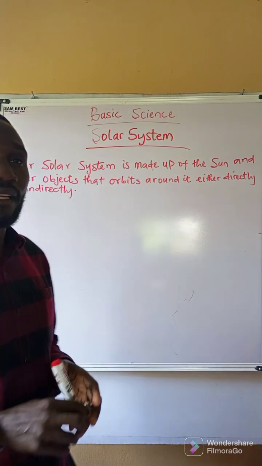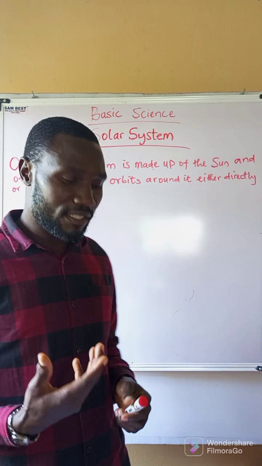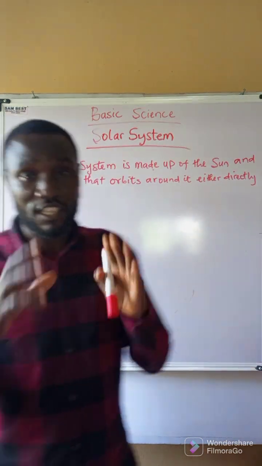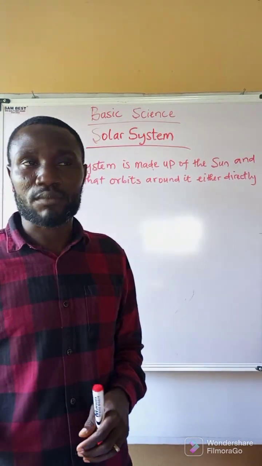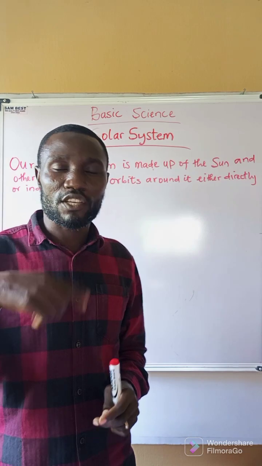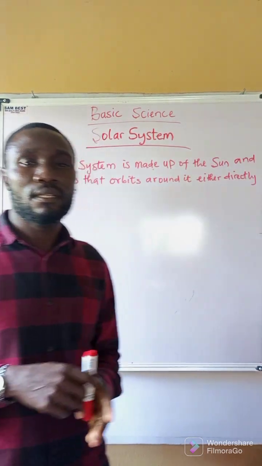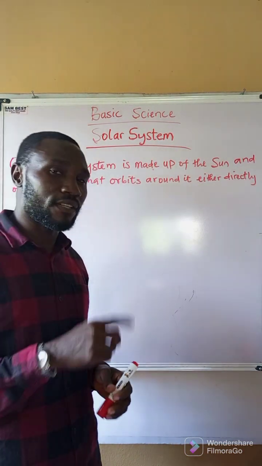And when we say solar system, what does it mean? Solar system simply means it's made up of the sun and other objects that orbit. When we say orbit, that moves around it, either directly or indirectly.